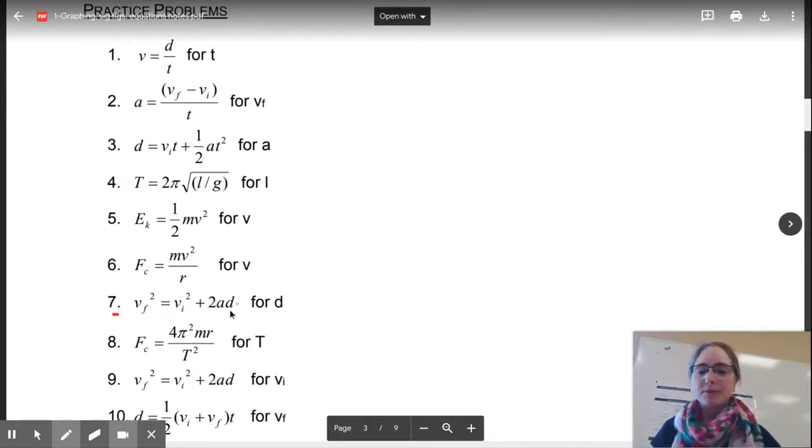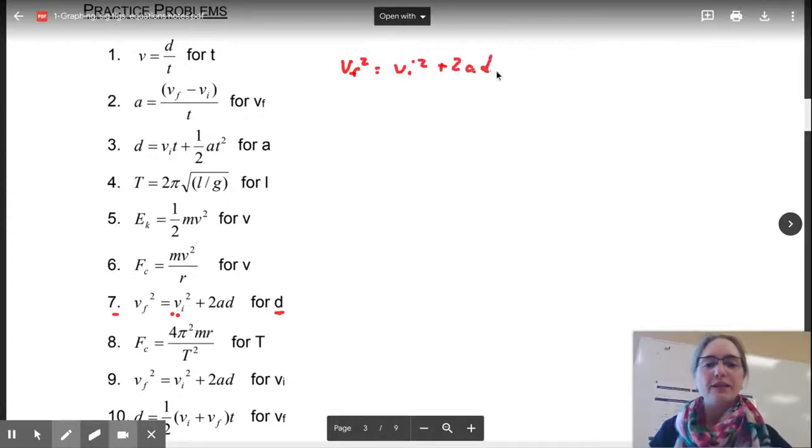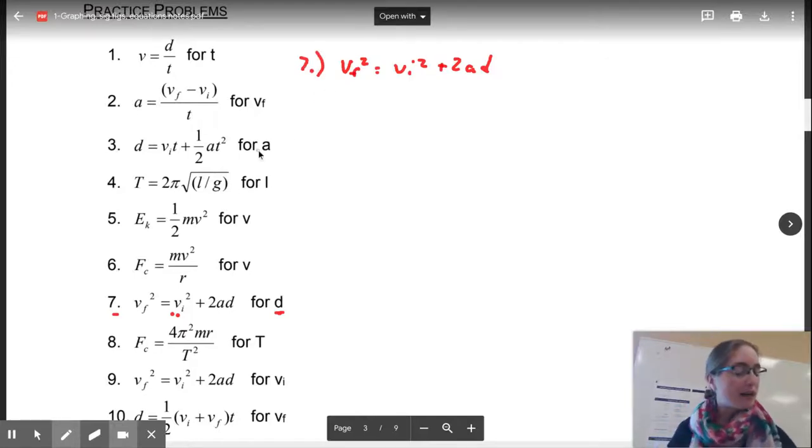So, ladies and gentlemen, now this is a tough one. We're going to be solving for D here. Now we've got VF squared equals VI squared plus 2AD. Now remember, reverse BEDMAS, and we have to focus on the chunks. So this is the chunk that has D in it. Keep this guy separate.